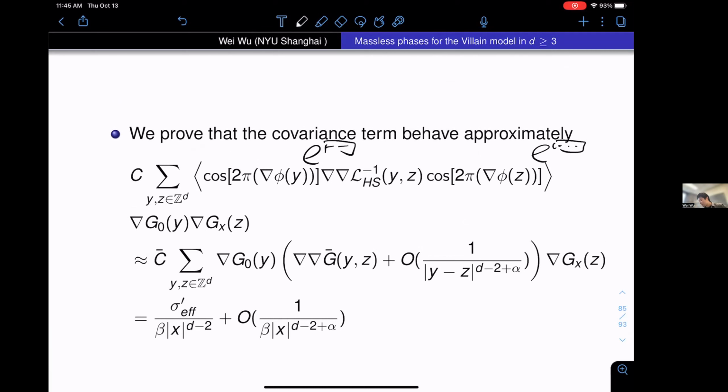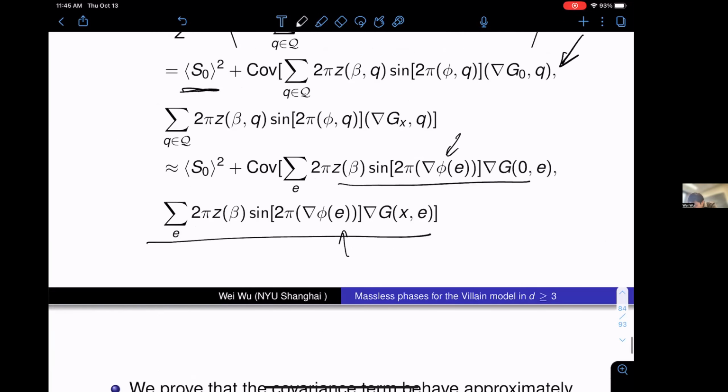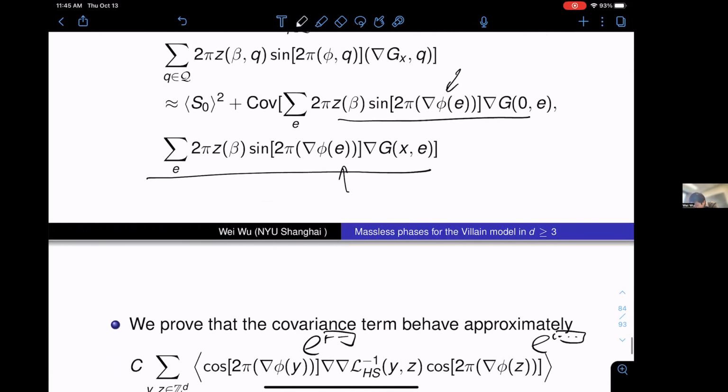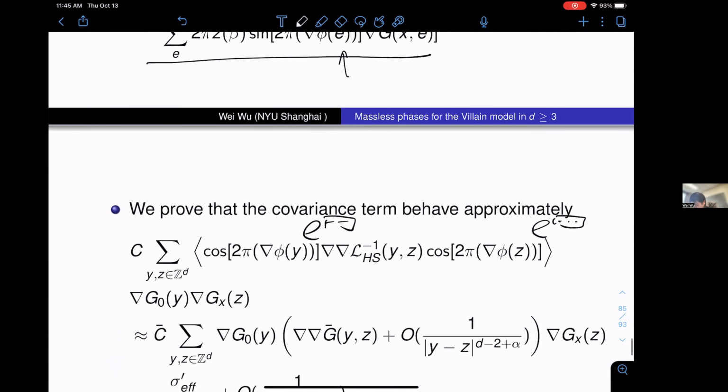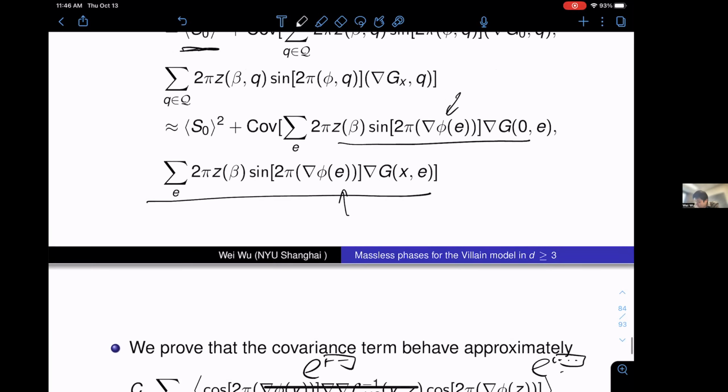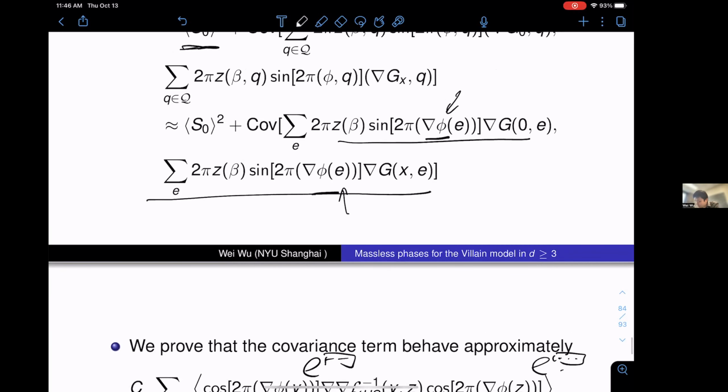So we can do the Helffer-Sjöstrand here, and some of the constant Green's function terms we can just take out. We have some very complicated functionals there, e to something here, e to something there, some cosines, but we gain a double spatial gradient of the Helffer-Sjöstrand Green's function because of the gradient here and the gradient here.